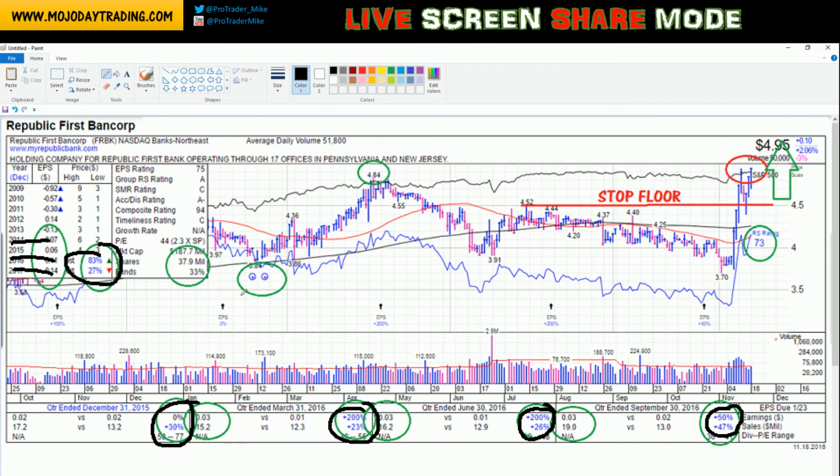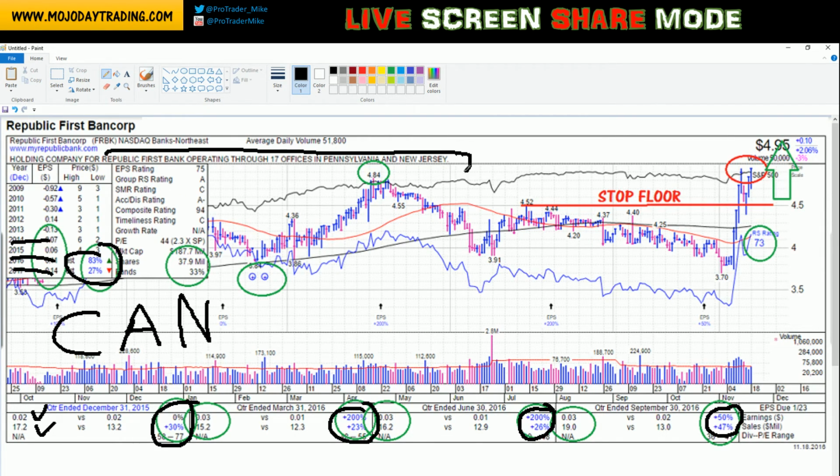So 4 quarters of increases. So you have the C, the current earnings per share, and the A are solid on this. You have N, what's new? It's in a new hot industry that's going. What's new about it? They have 17 offices and this and that.